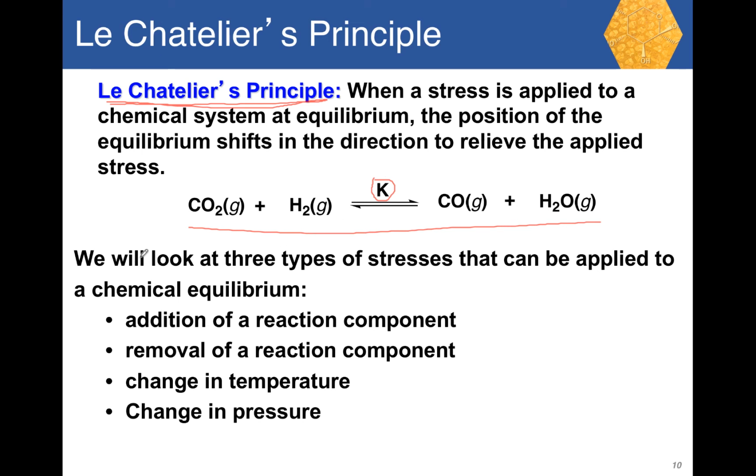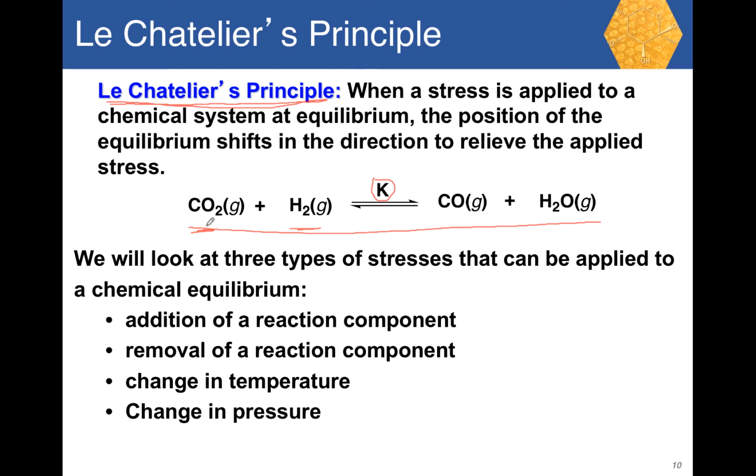If this reaction is at equilibrium, in other words, we mix carbon dioxide and hydrogen and let it sit for some time, not measure the rate, just have it sit until it reaches equilibrium.